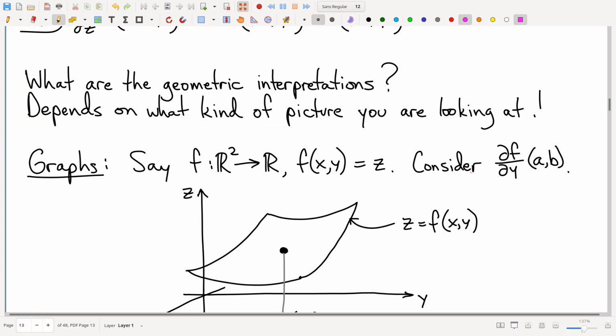Okay, so now that we're in a multivariable context, we're going to be looking for some analogous kind of interpretation, but now we have multiple different kinds of pictures that we might be looking at. A graph. We might be looking at a level set. Make a conscious effort to keep all this straight in your mind. You have to do your own sort of mental bookkeeping.